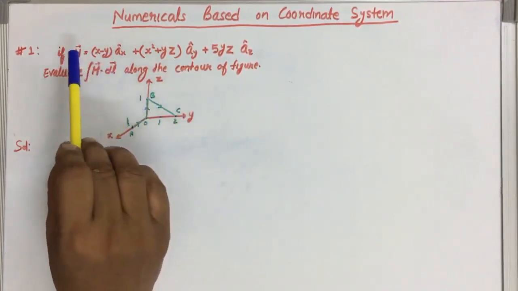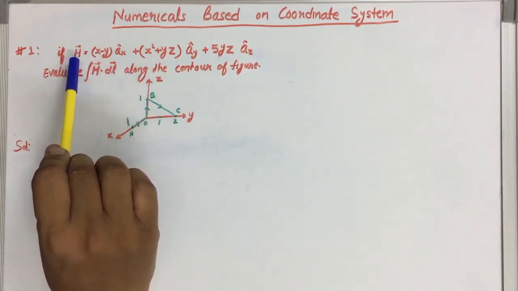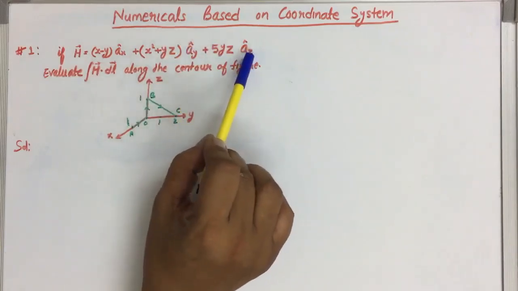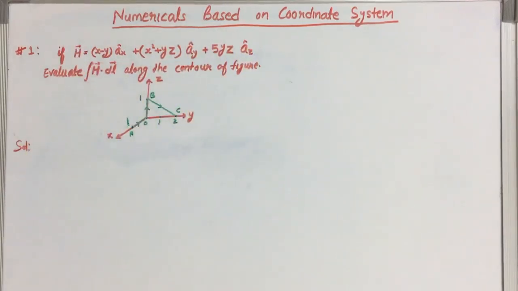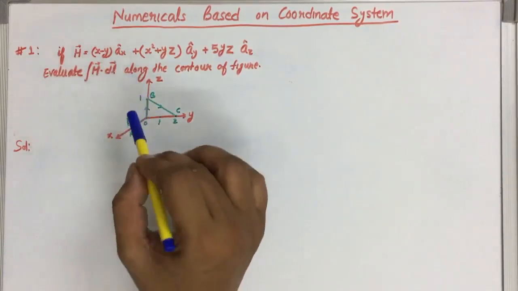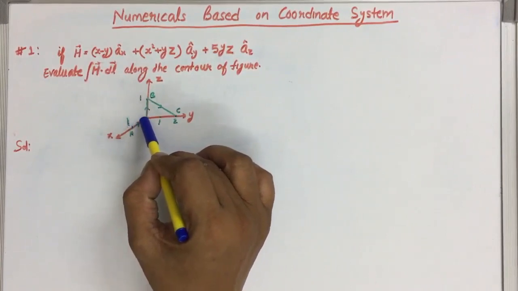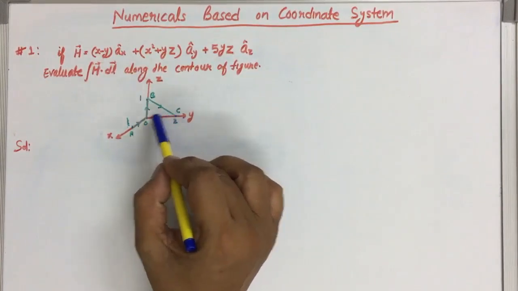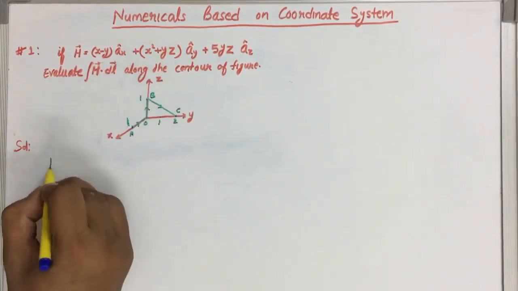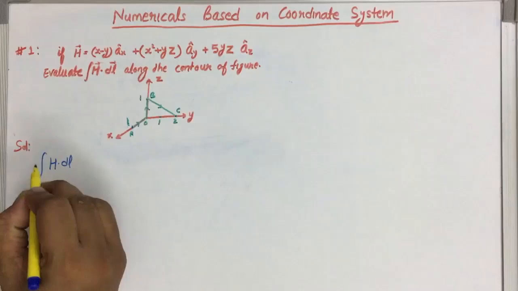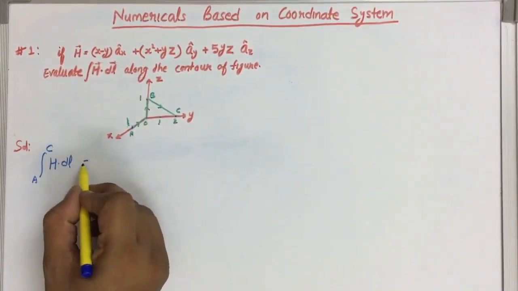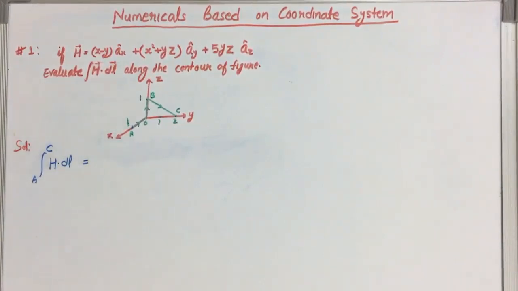In this, the vector field is given in Cartesian coordinates, written as H. Now we have to evaluate H dot dl along the path given in the figure, from A to C, as given in the problem statement.